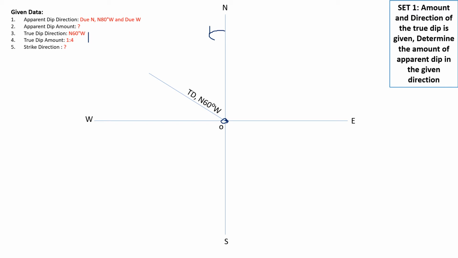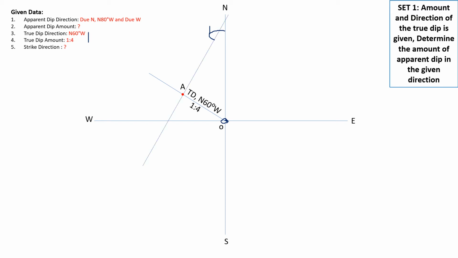Now I'll write down first what it is. It is a true dip in the direction of north 60 west. Then I'll measure 1 is to 4 from the point O. I'll measure 4 centimeters here. I'll mark the point and name it as point A. Now after this I'll write down the amount, 1 is to 4.